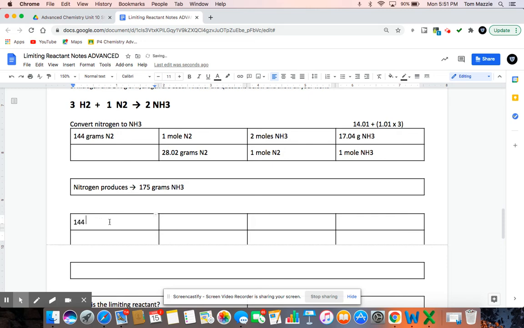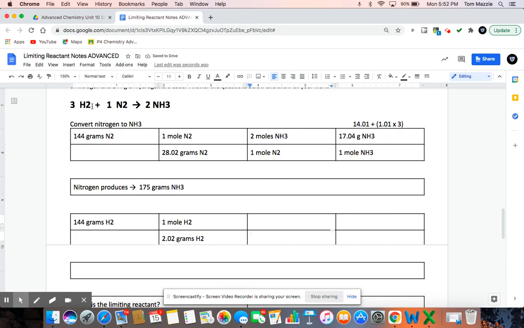So we also have 144 grams of hydrogen. And we're going to basically go through the same process, grams to moles, moles to moles, moles to grams, just like last week. 1.01 plus 1.01 is 2.02, and that is equal to 1 mole of hydrogen.